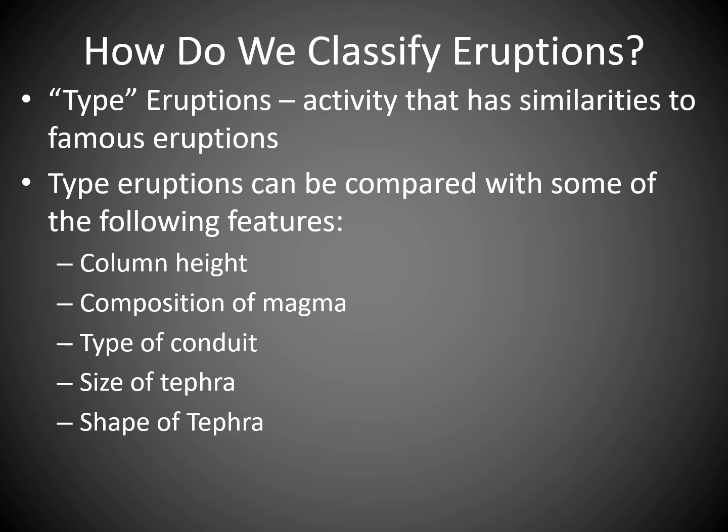Shape of the tephra. In Hawaii, the material is fairly coarse and still fluid when it's ejected, so it tends to splat on the ground. Sometimes they call it cow dung bombs. And then Ultraplinian is just like I said, it's basically dust because the eruptions are so powerful.